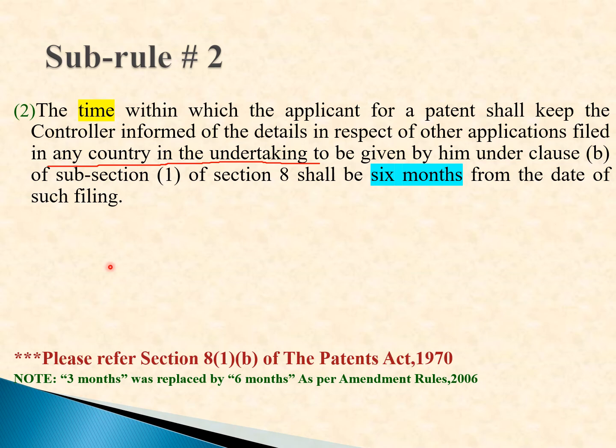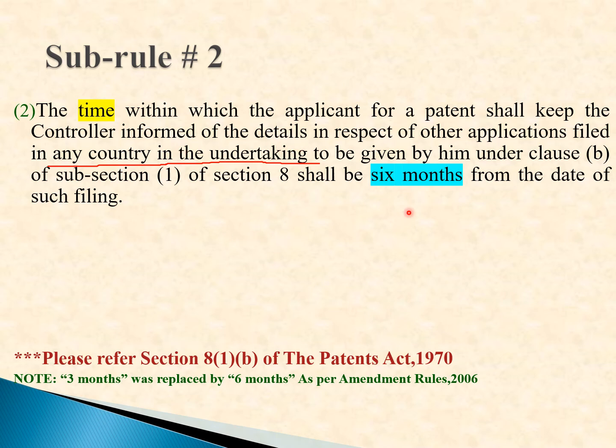Here what is given actually is the time period within which the applicant for a patent shall keep the controller informed of the details in respect of other applications filed in any country. That means the person has applied in India and simultaneously has applied in a foreign country, so he is informing the controller.